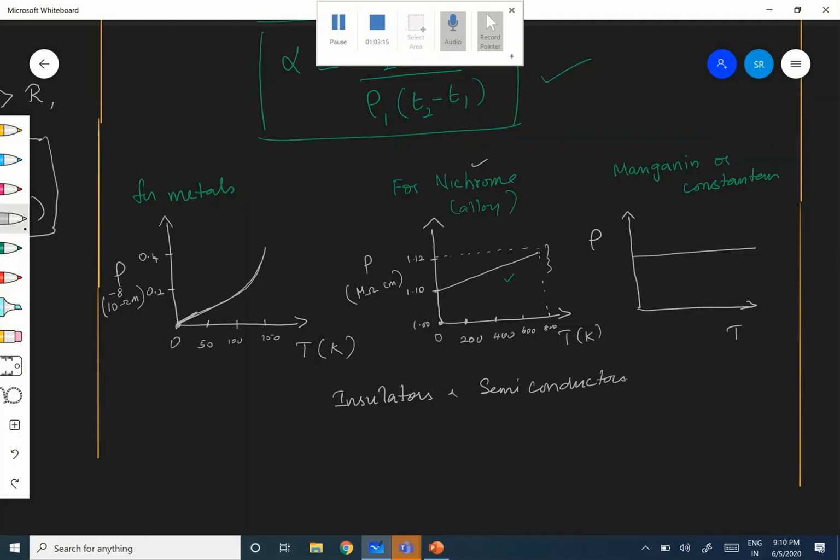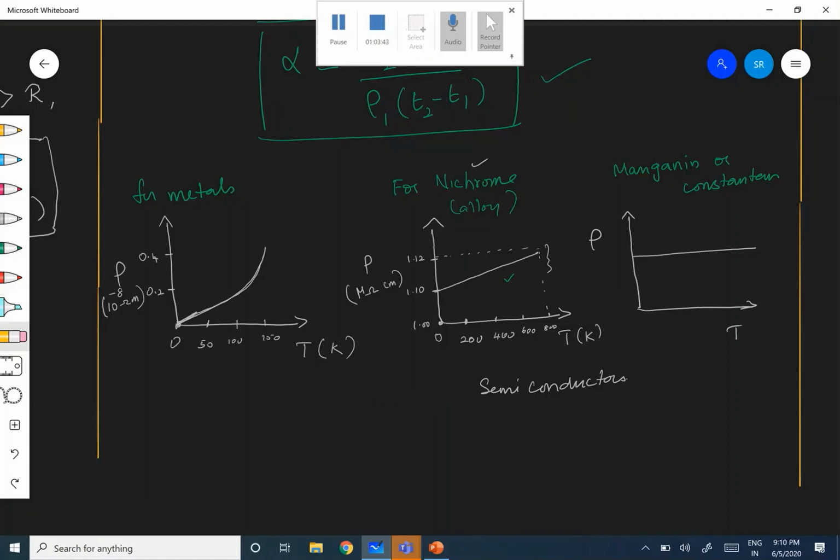For semiconductors, there is a sudden increase, very much. For insulators, the temperature should be very high, only then will the electrons get excited. I can say the exponential change is only for semiconductors, like germanium, silicon, etc.